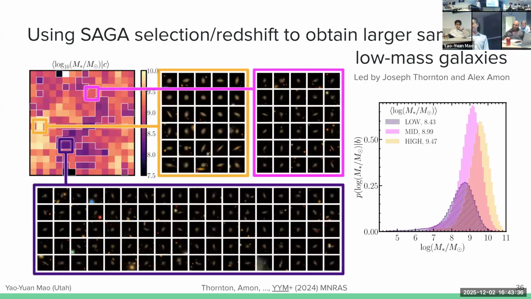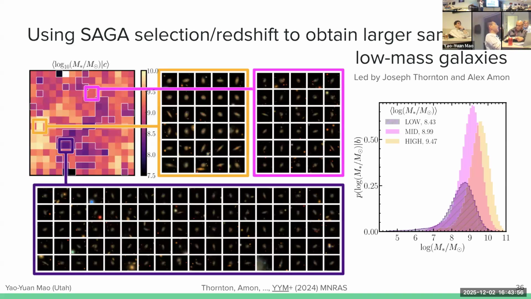To my surprise, people then took the SAGA redshifts and trained a different machine learning method. When we did the CNN, it was like 3 years ago, so it's super old by now. Now people are using more advanced tools, like a self-organizing map, but the idea is the same.